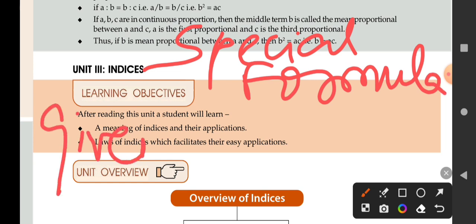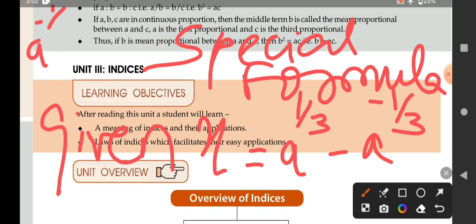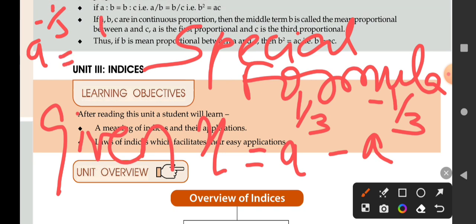So given x is equal to a raised to 1 by 3, that is cube root of a, minus a raised to minus 1 by 3. I'm going to teach you what minus 1 by 3 means. Let me still tell you right now. It means 1 divided by a raised to 1 by 3. Okay, so a raised to minus 1/3 is equal to 1 divided by a raised to 1/3.